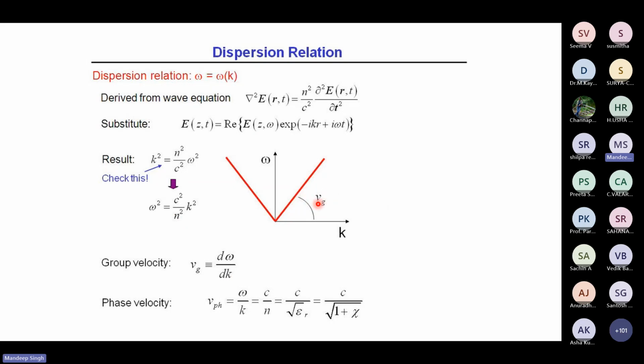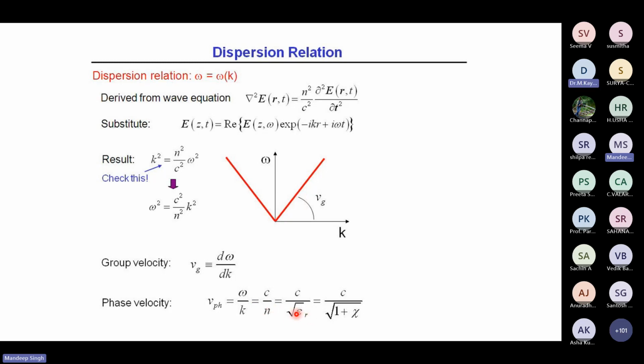This will give you nothing but the group velocity. But one more term is there, phase velocity. If you don't take any derivative, omega by k will give you the simple phase velocity of your nanostructure. No doubt, these are simple equations that a BTech student can also use, but at the nanoscale, as I told, some behavior will change. Let's see how. The refractive index is equal to the square root of epsilon r, right?